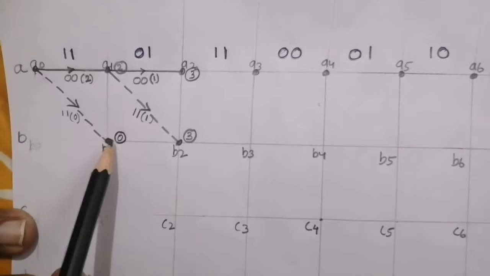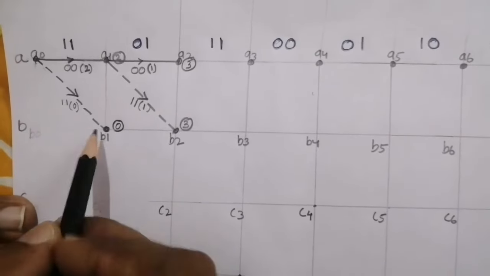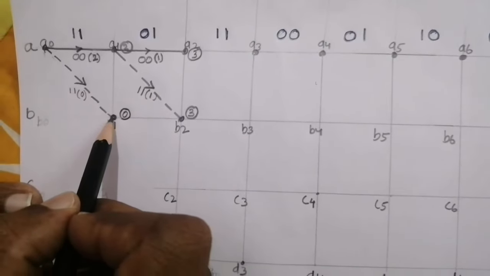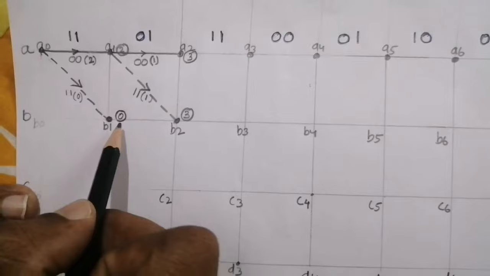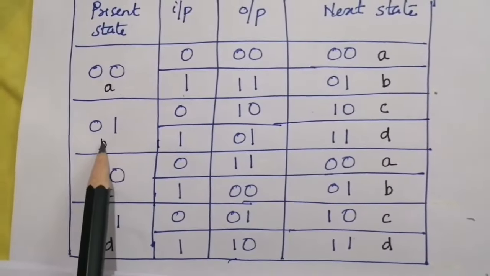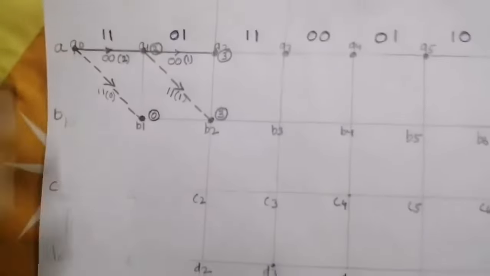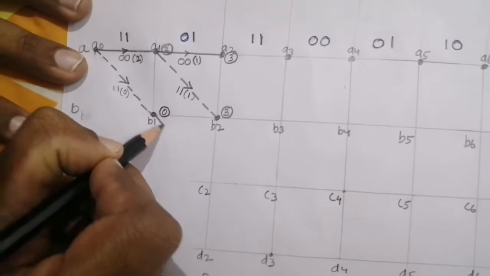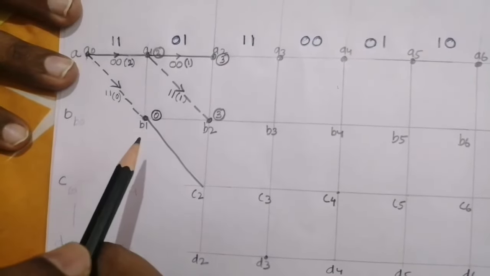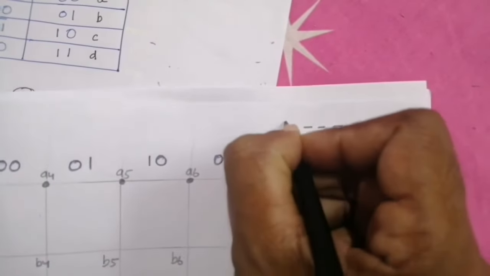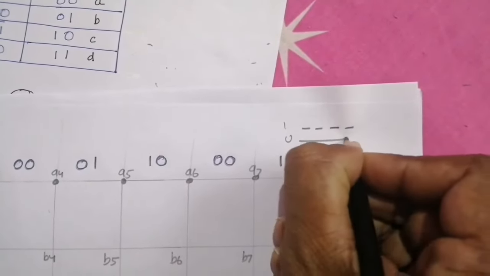Now we will calculate from B1. So from B1 at time t equal to 1, if the convolution encoder is at the state B, if 0 comes, what will be the next state? If the convolution encoder is at state B, if 0 comes, the next state is C, and output is 1 0. So I will draw. Okay, as we know, while drawing the code trellis, 1 is represented by a dotted line and 0 is represented by a bold line.